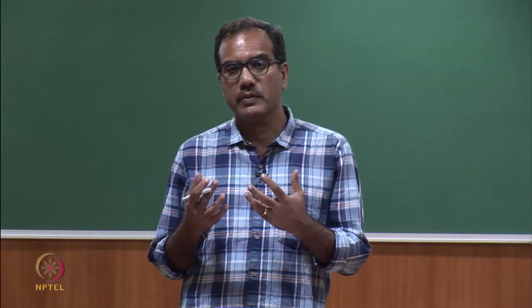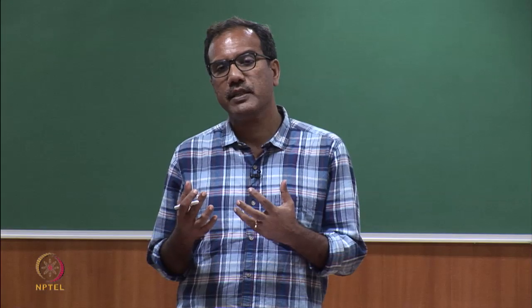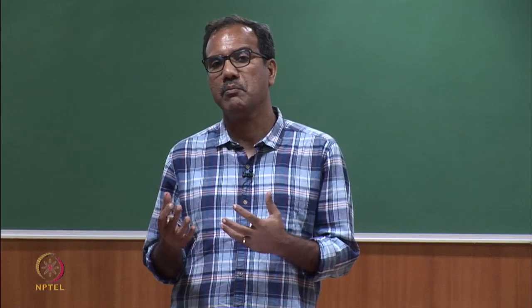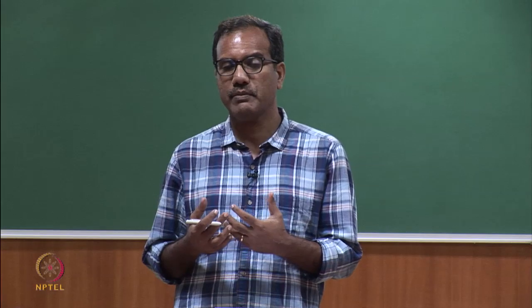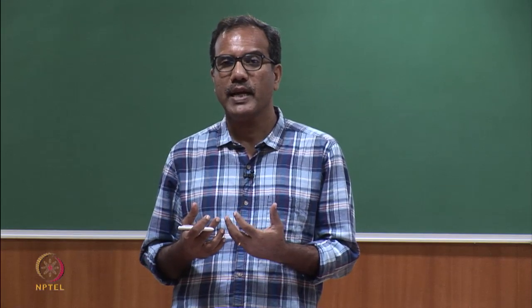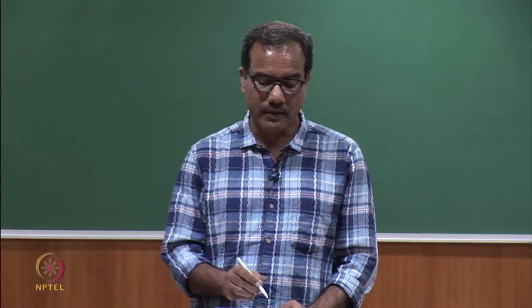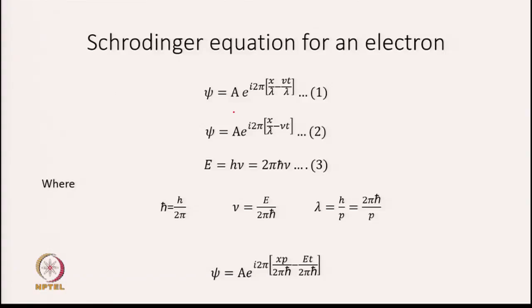The wave function associated with an electron can be a complex number, and so it will be better to express psi as a exponential i 2 pi x by lambda minus v t by lambda.